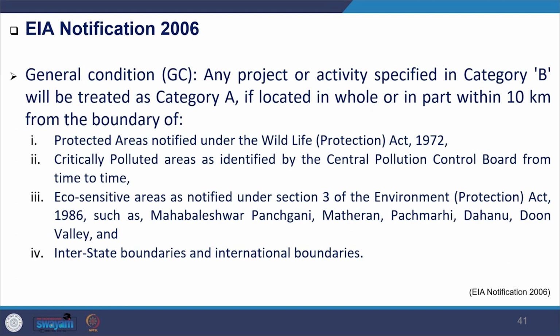So whatever we do in EIA will be affected by what kind of national legislation is there, and how we undertake the assessment. You can see, like in the EIA notification, I had shown you the list, category A, B and so on. In general conditions, any project or activity is specified if they fall under B category.